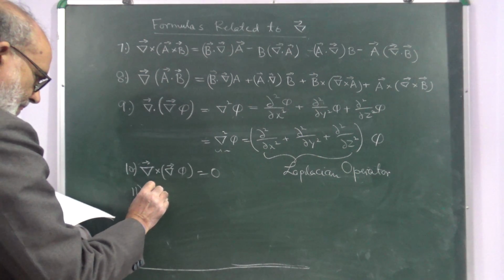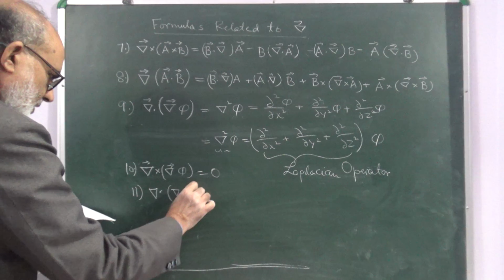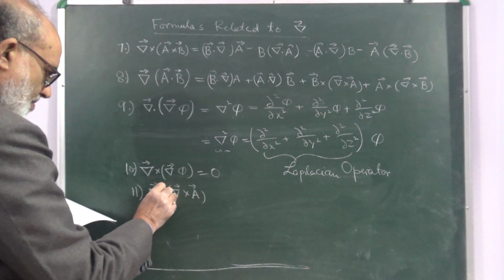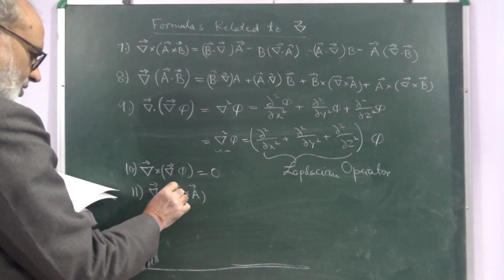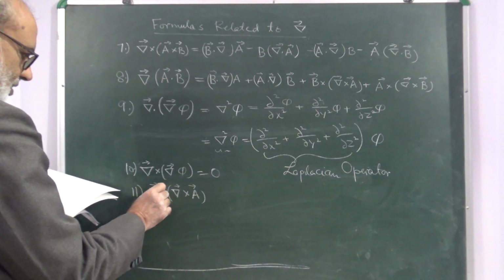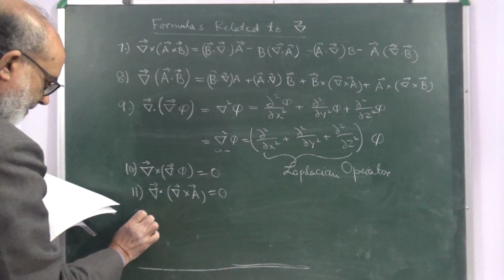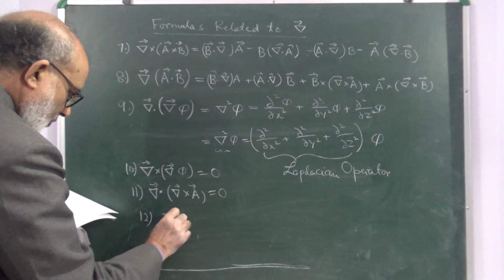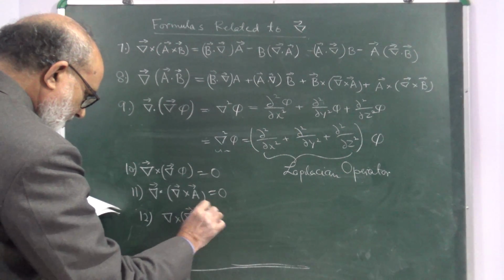Similarly, divergence of curl is also 0. Divergence of curl: del cross A is the curl of A, meaning the rotation of A, and if you take the divergence of this it will go to 0.